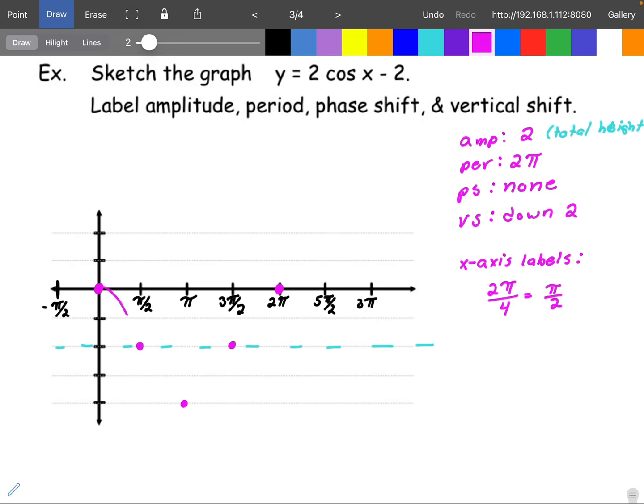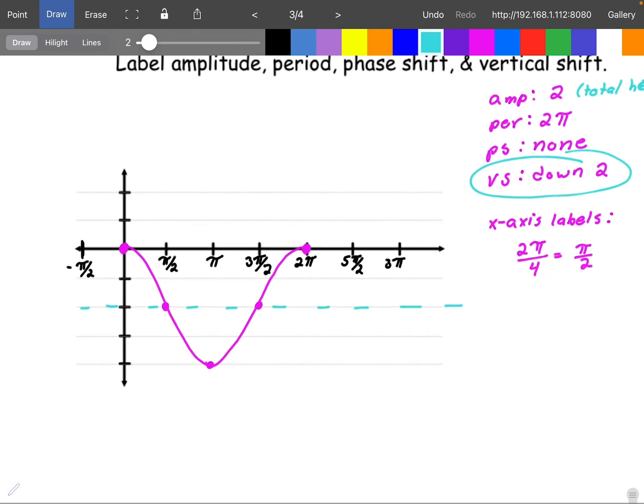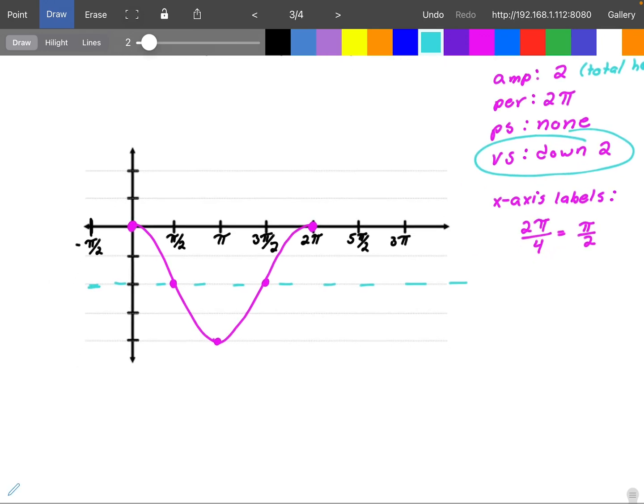So there is our cosine function. Notice it has that same shape as a cosine function, but it's just shifted down. So once you know what your vertical shift is, I want you to go ahead and draw yourself your new acting x-axis. And then you're going to do your pattern based on that new line.